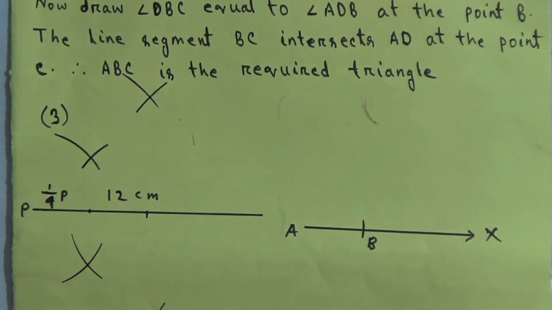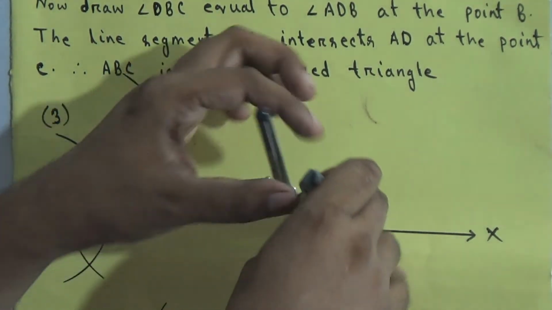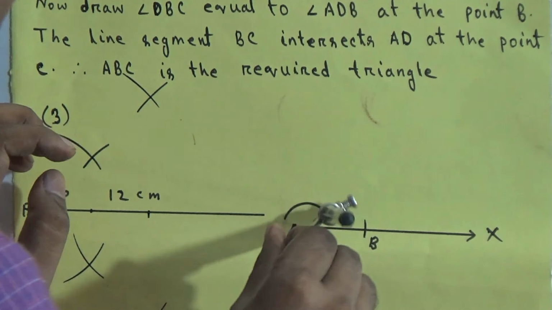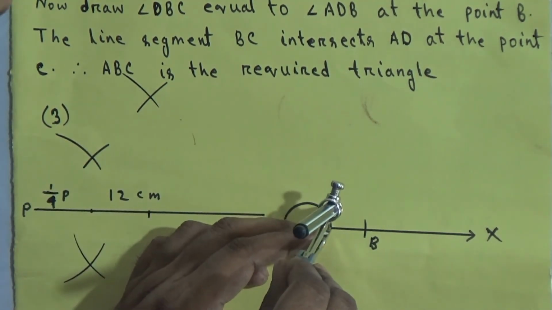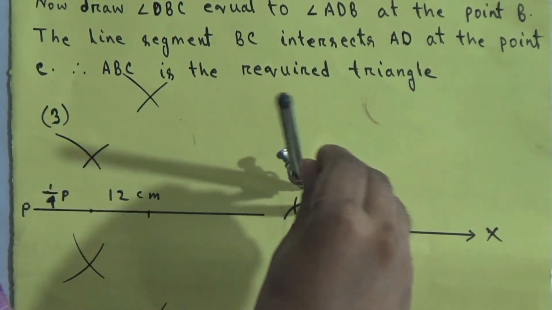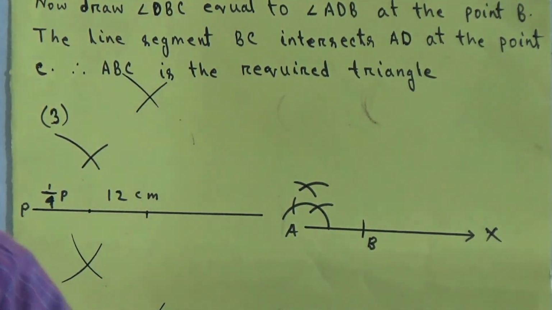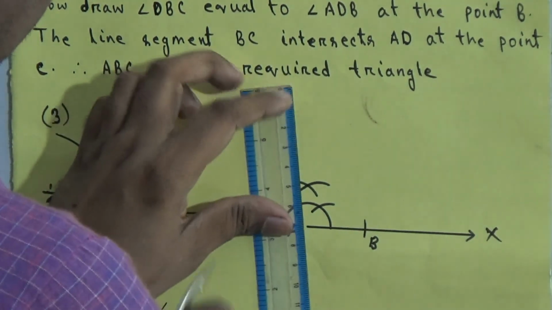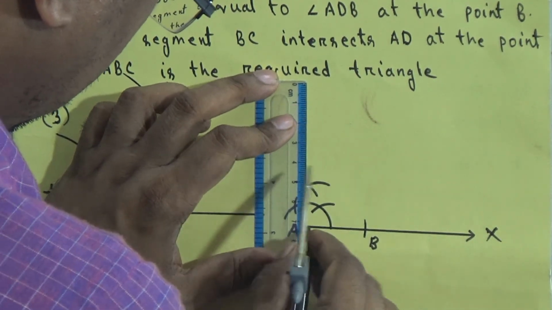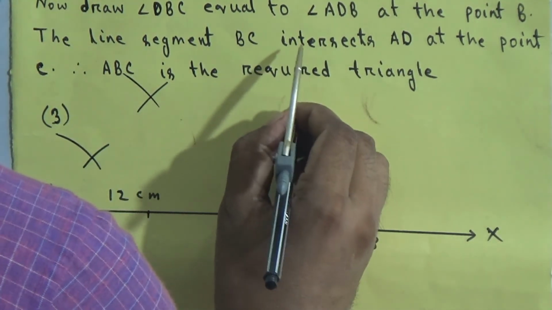Now at the point B we will draw a perpendicular. The name of the perpendicular is AE.